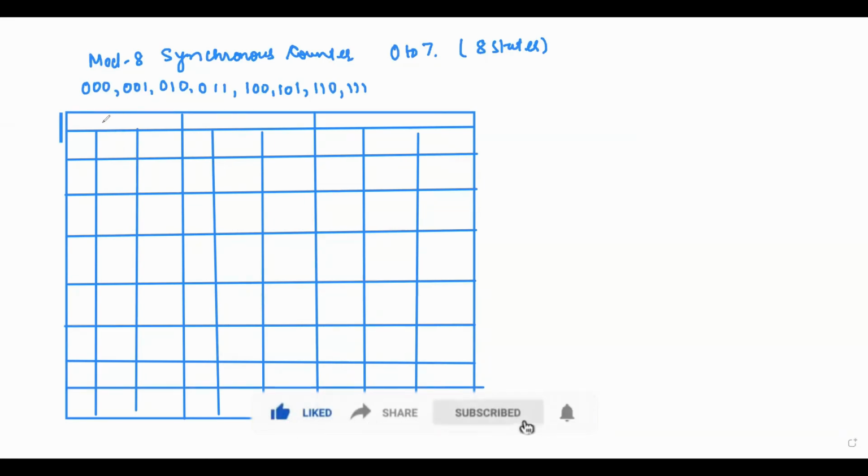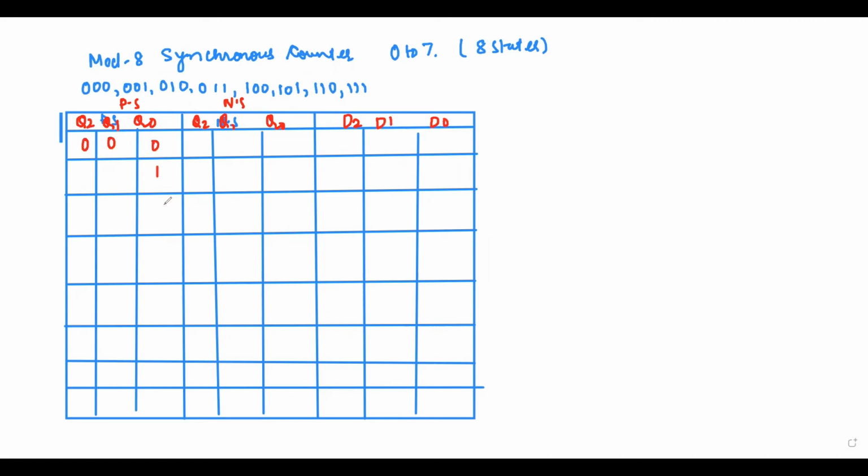This is your present state, this is your next state, and here you can see Q2, Q1 and Q0. For the next state, this is also Q2, Q1 and Q0, and this is D2, D1 and D0. Your first sequence is 000, then 001, 010, 011.